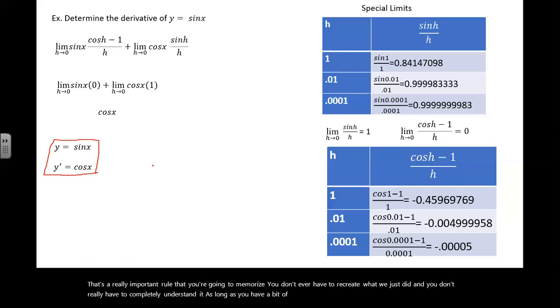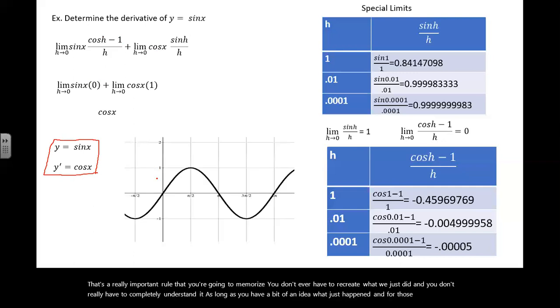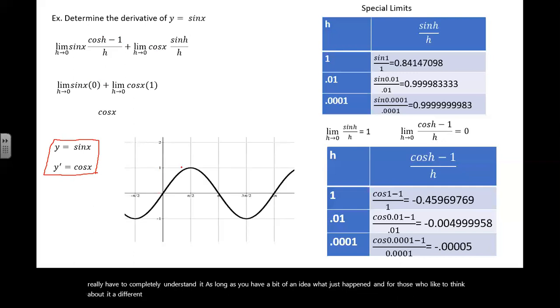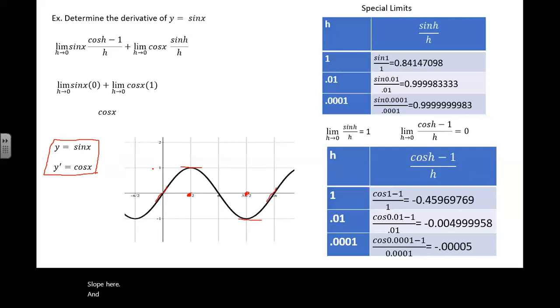And for those who like to think about it a different way, this is the graph of sine x. If we calculate the slope of the tangent, the slope of that tangent is 0. Slope of this tangent is 0. Slope here and here looks a lot like 1, going up at about 45 degrees.